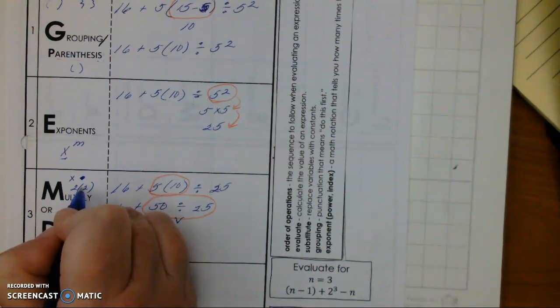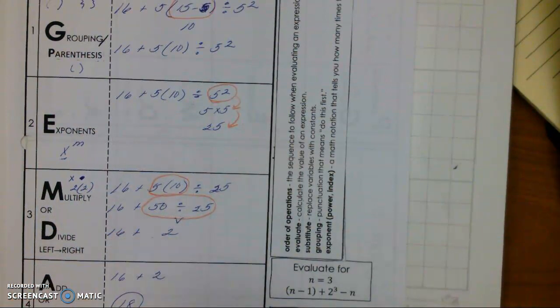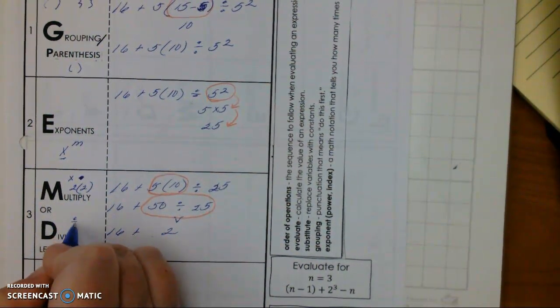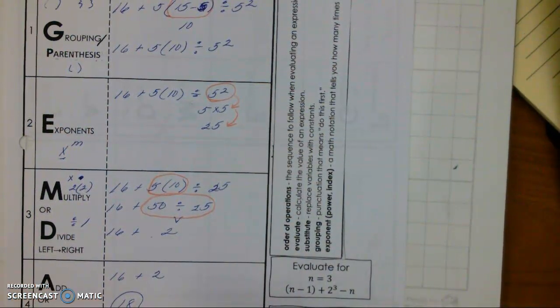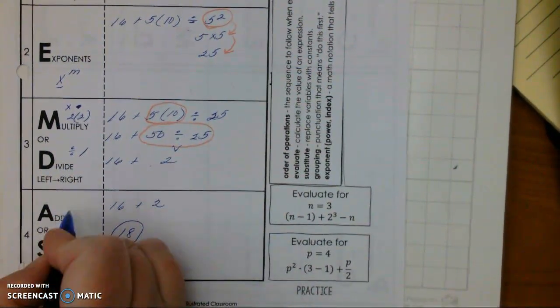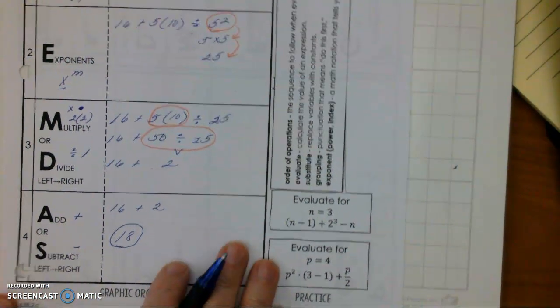Or remember, when you have these parentheses, you are multiplying 2 times 2, because this means side by side, it's multiplication. Now division is that division mark or the slash, okay? And we know that add is plus and subtract is the minus sign, okay?